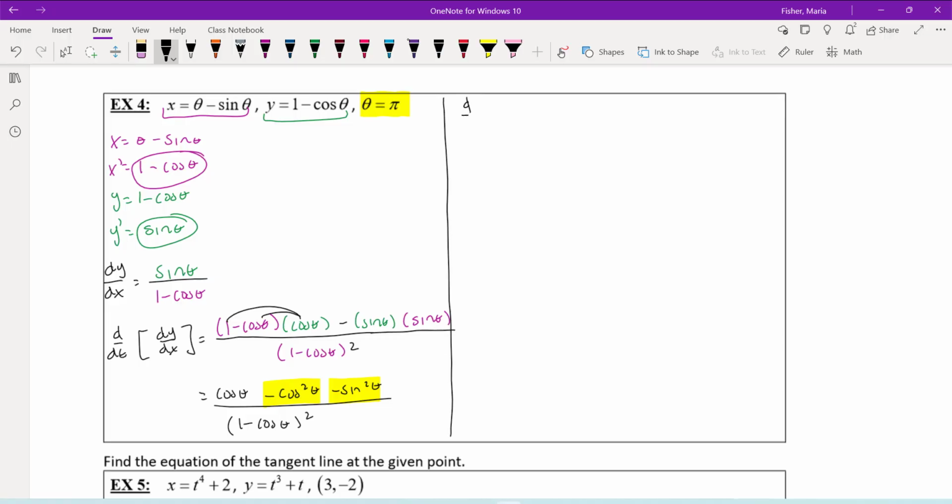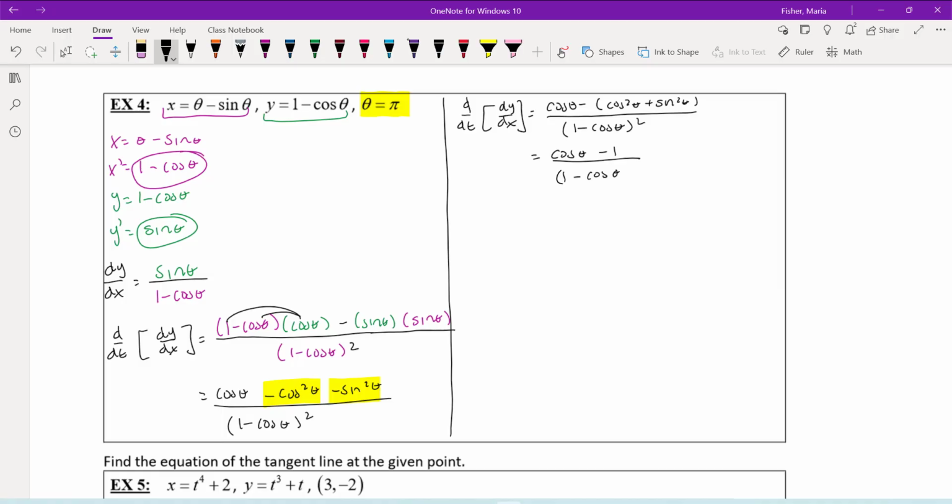If I were to do that, I'd end up with cosine of theta, and then negative, cosine squared theta plus sine squared theta, again factoring out that negative. Well, I know that cosine squared theta plus sine squared theta is equal to 1. Therefore, this is the cosine of theta minus 1.